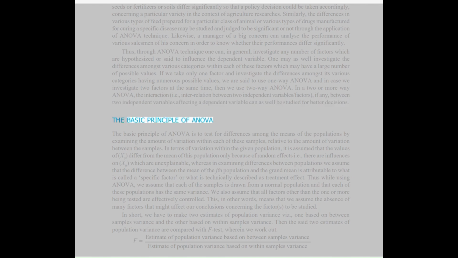The basic principle of ANOVA. The basic principle of ANOVA is to test for differences among the means of the populations by examining the amount of variation within each of these samples relative to the amount of variation between the samples. In terms of variation within the given population, it is assumed that the values of Xij differ from the mean of this population only because of random effect, i.e., Cij.